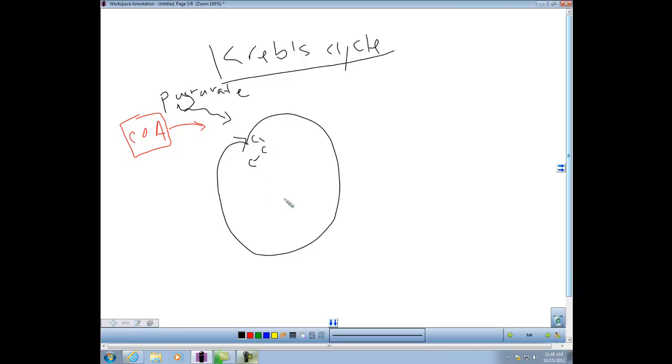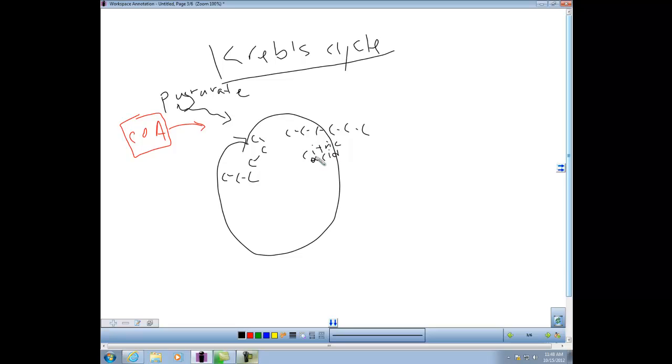It's going to be taken in by a couple of things that just hang out in the Krebs cycle and stay in there. So it's going to join with another 3-carbon sugar that's already here. What that is going to produce is a 6-carbon sugar called citric acid.